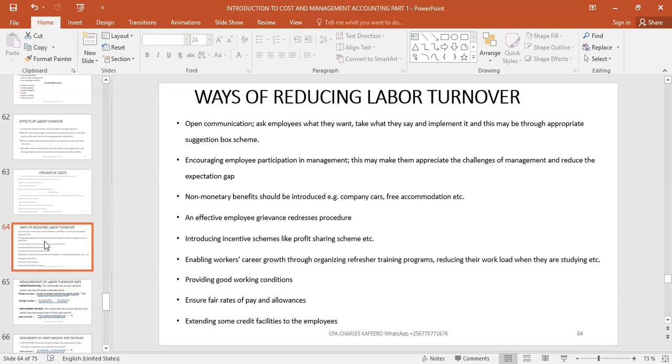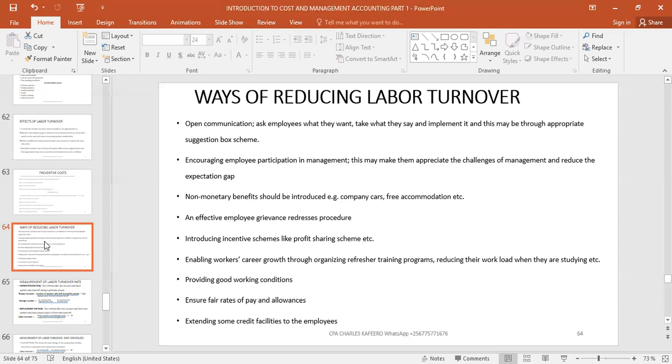The third one, we can talk about non-monetary benefits. These non-monetary benefits are good to the extent that if someone is not paid well, but at least at the end of the month or at the end of the year, someone gets something like gifts and donations. Someone, let's say, gets these old company cars.